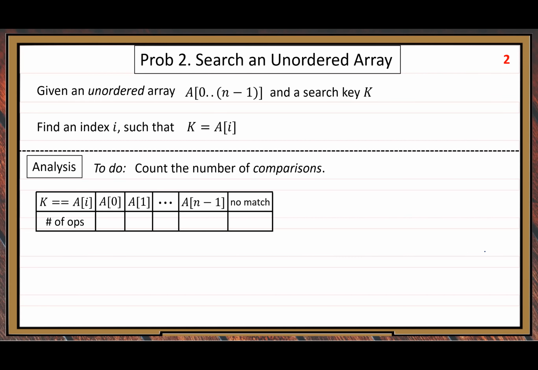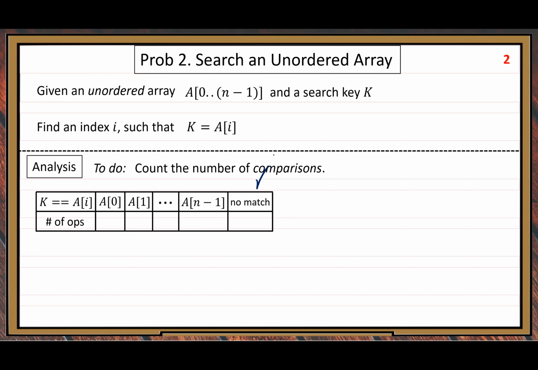Here, I like to do a chart in this one because the given key could be any of the elements in the array, and the last case, no match. That's all the possible cases, right? One of the elements in the array, the first n cases, and the last case, the n plus one, one more, no match case, couldn't be found.